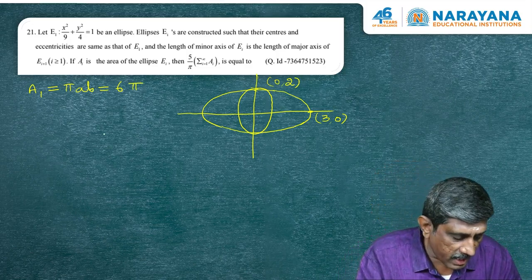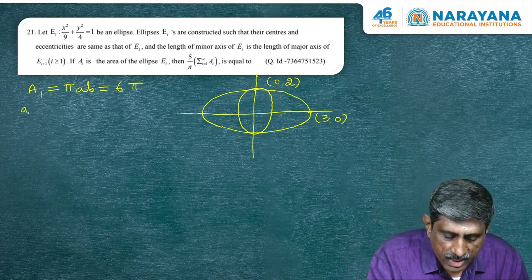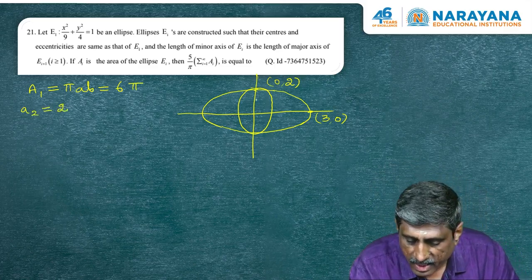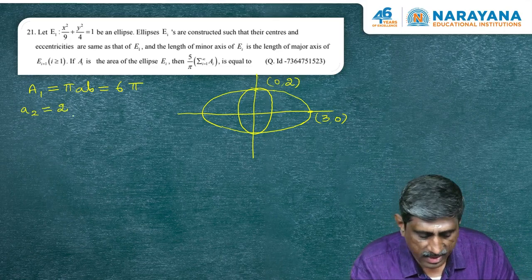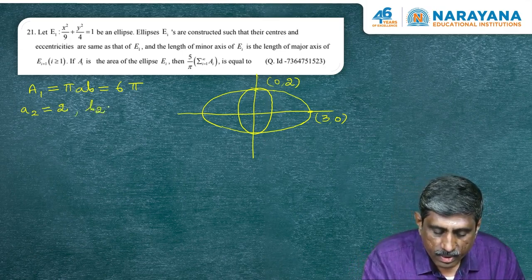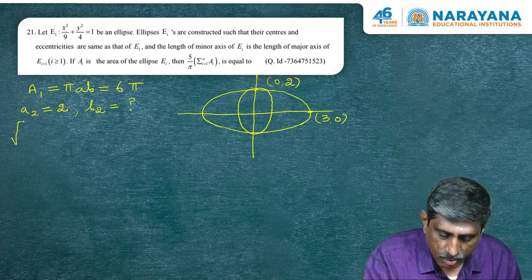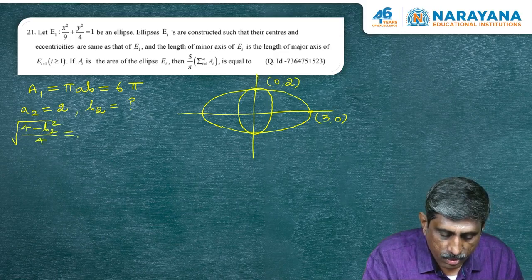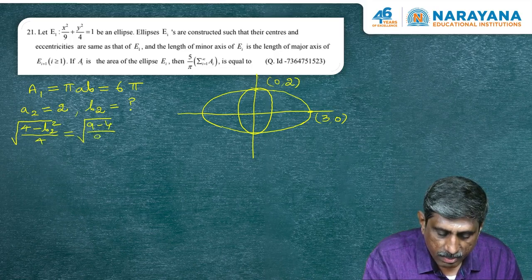Let us come to the second ellipse. For the second ellipse, let us say A2, A2 is going to be 2, which is the length of the minor axis of this, same minor axis, and eccentricities are same. We have to find what is B2. To find B2, I am going to equate the eccentricity, which is square root of 4 minus B2 square divided by 4 is equal to square root of 9 minus 4 divided by 9.